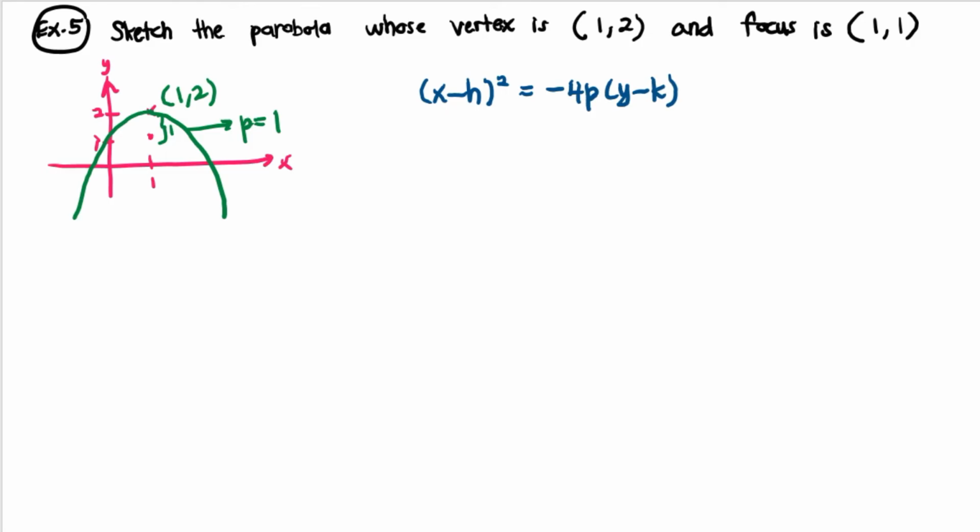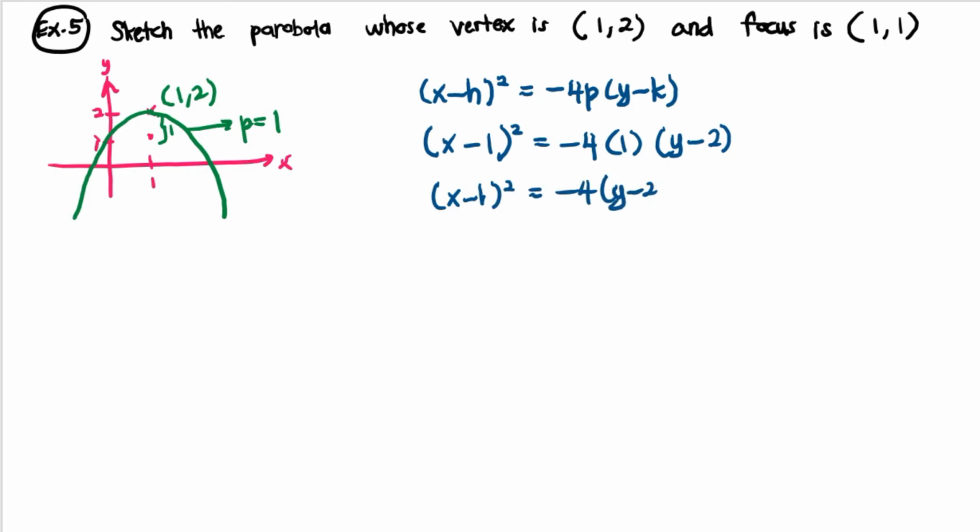We fill in (h, k), where h is equal to 1, and negative 4p, p is equal to 1, you multiply with 1, (y minus k), where k is actually 2. Therefore we have (x minus 1) squared equal to negative 4 (y minus 2). This is the equation of the parabola.